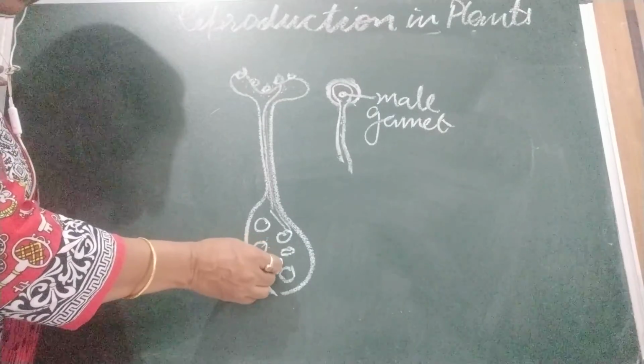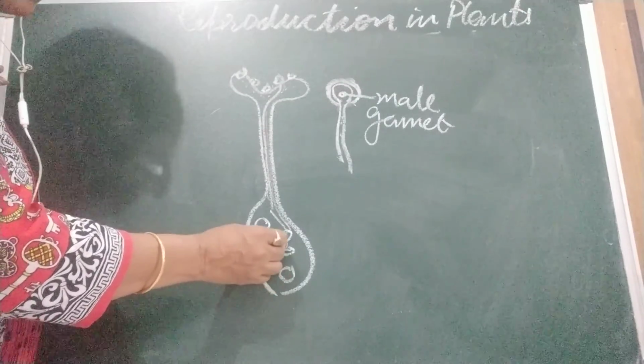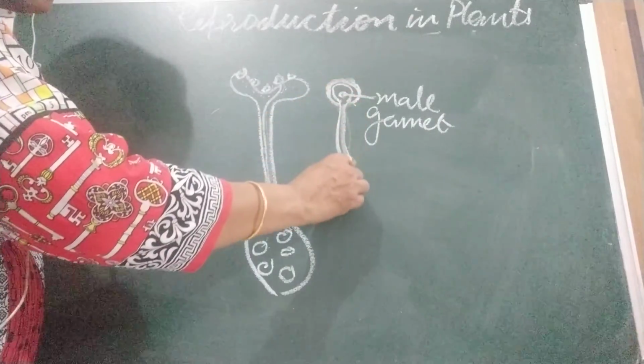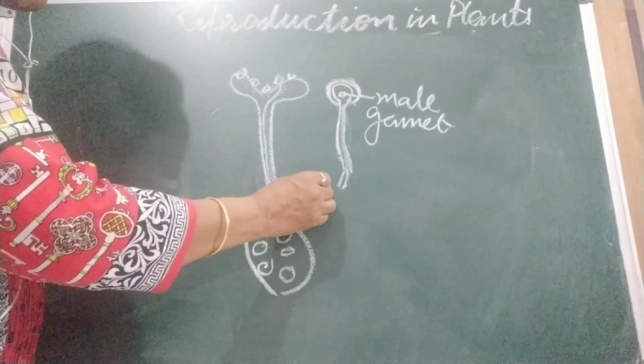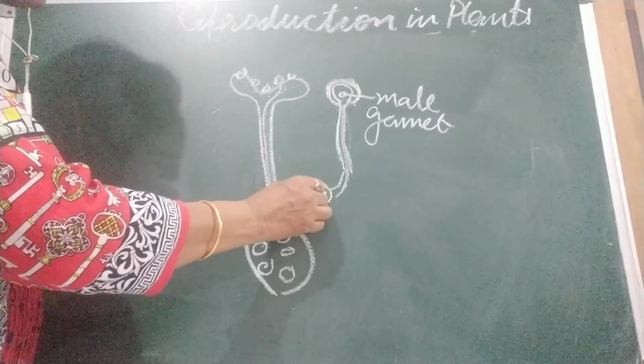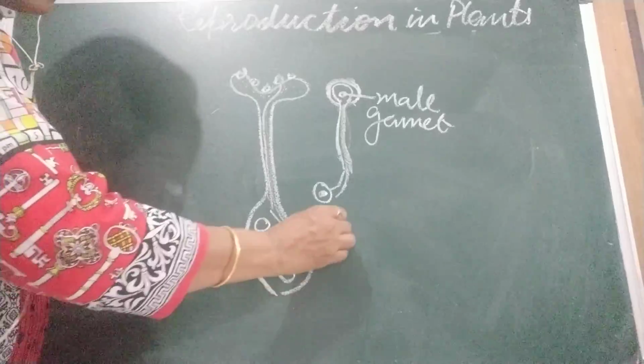Once the pollen tube reaches the ovule, the male gamete fuses with the female gamete. This is the female gamete.